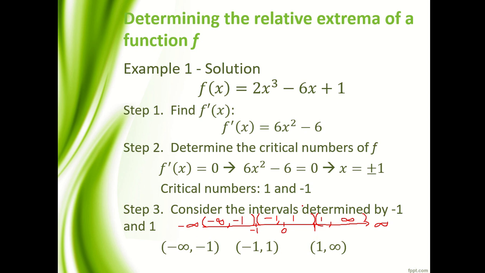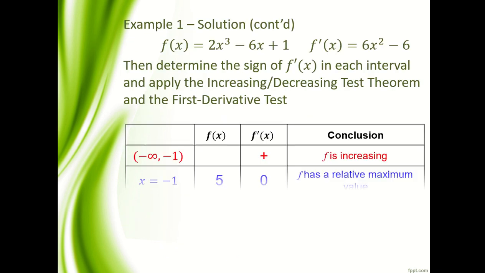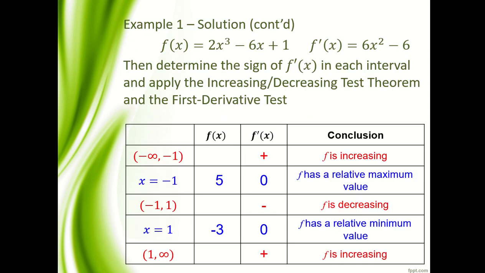So that is the third step: consider the intervals determined by negative 1 and 1. After that, you make this table, determine the sign of f prime of x in each interval, and apply the increasing and decreasing test theorem, as well as the first derivative test.